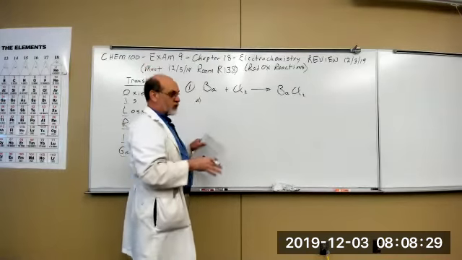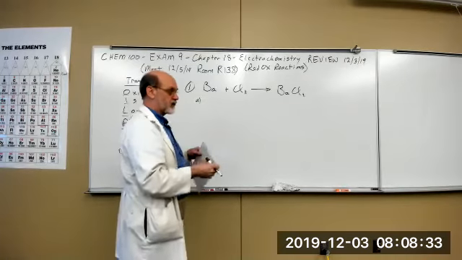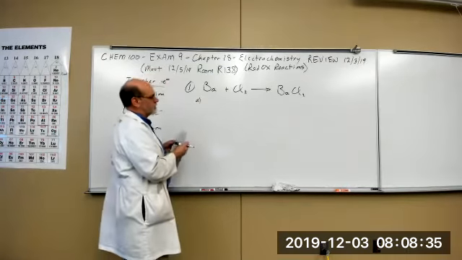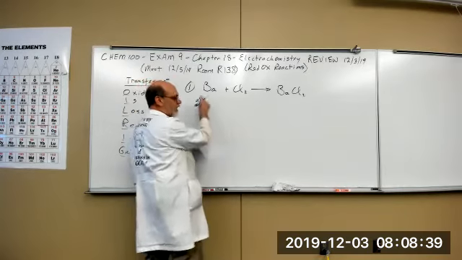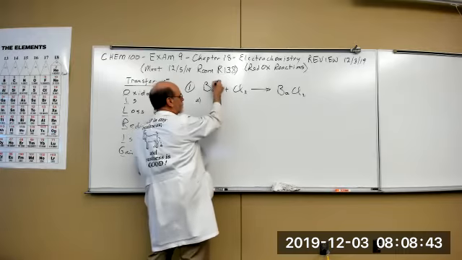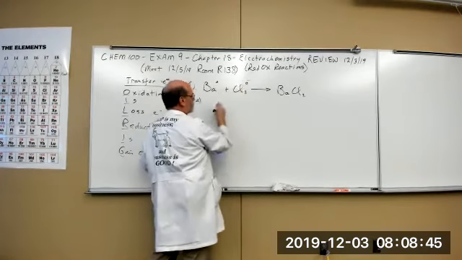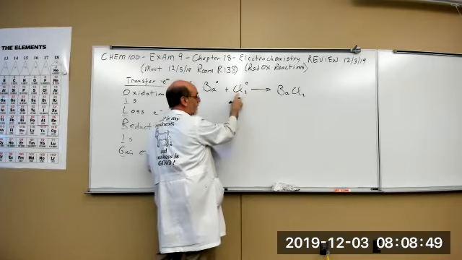In order to know whether electrons are being transferred and where they're being transferred, you need the oxidation state of each element. Any element in its standard state is 0. So each one of the barium atoms is 0. Each one of the chlorine atoms in that pair is 0.